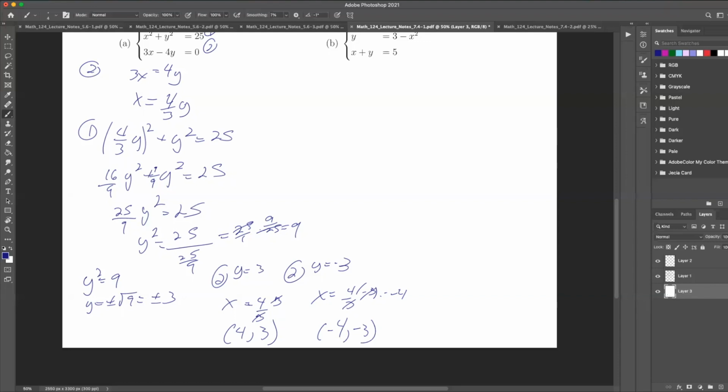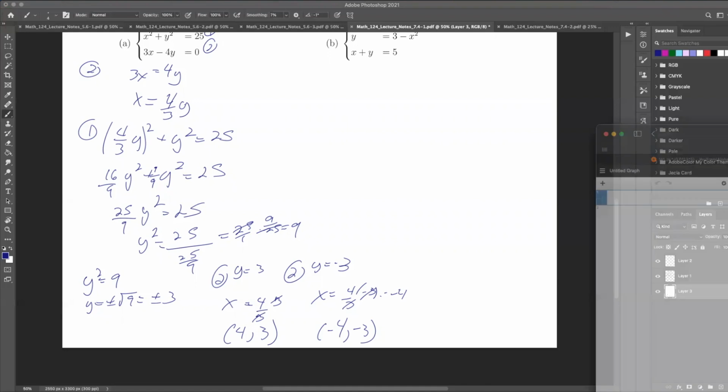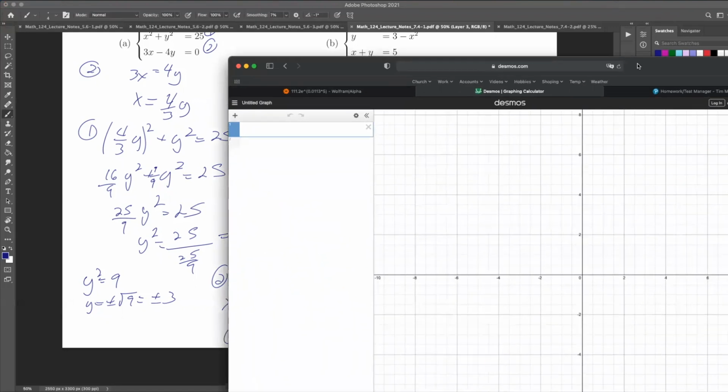So let's look at that in Desmos real quick. I want to see what these look like, and then I can show how these became solutions. You can do it graphically, so let's show you how. Desmos.com, here's a graphing calculator. I'm going to graph x squared plus y squared equals 25, and I get a circle.